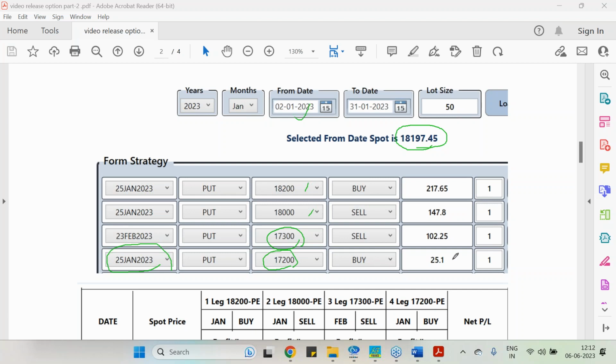By this process we are getting almost 77 rupees credit here, and I am negating the decimal part. So 70 rupees is the debit here.